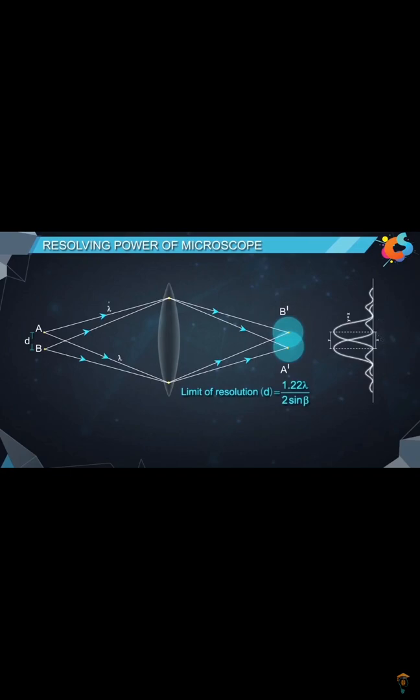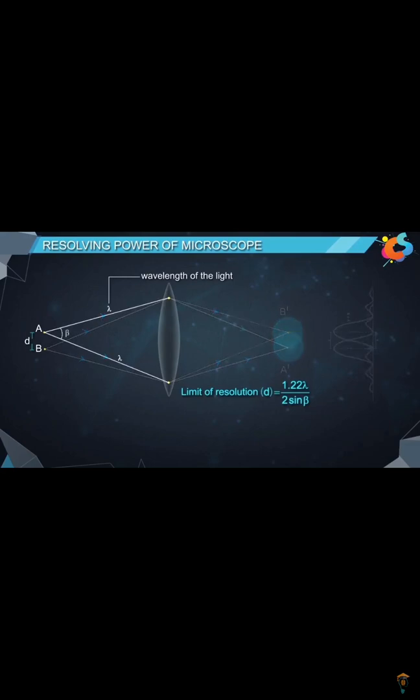Here, lambda is the wavelength of the light and beta is the semi-vertical angle of the cone in which rays of light from an object enter the objective of the microscope.